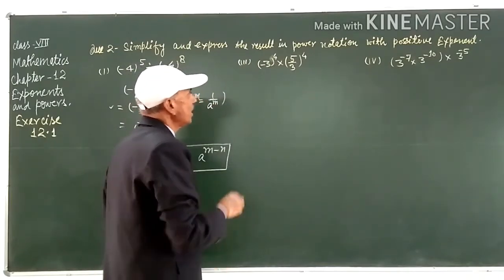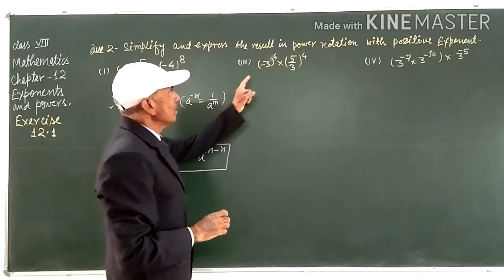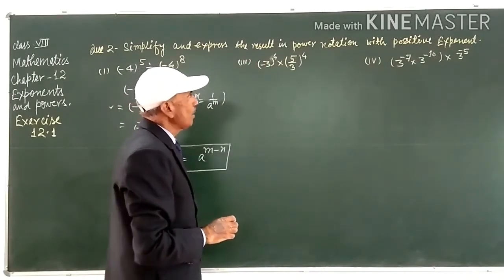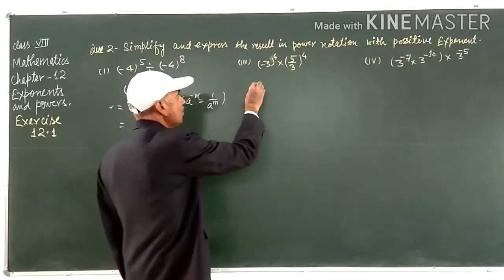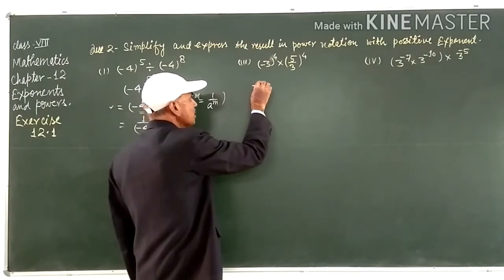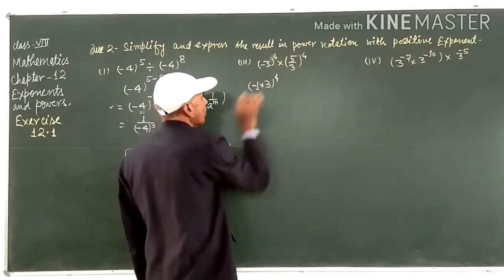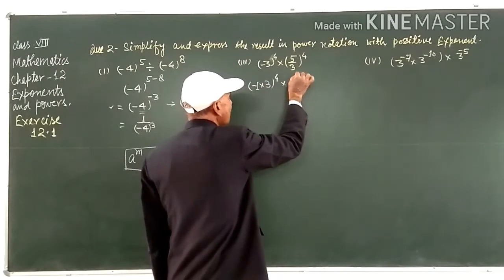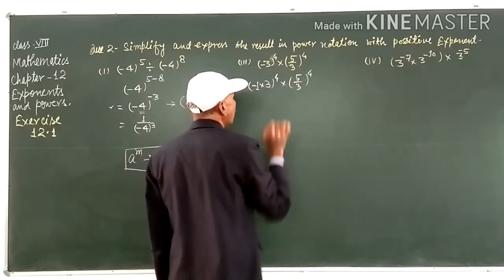And in this there is (-3) to the power 4 into (5 by 3) raised to the power 4. So first of all we have to write it as (-1) into 3 to the power 4 into this one, 5 by 3 to the power 4.